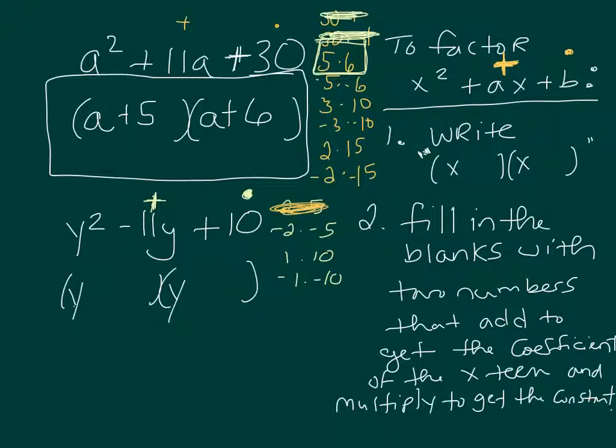Negative 2 and negative 5 is negative 7. That's not going to work. 1 plus 10 is 11, but now I need a negative 11, so that's not going to work. But a negative 1 and a negative 10, when I add them together, give me negative 11, so those are the numbers I need. Negative 1, negative 10. Remember, you can always check factoring by multiplying.